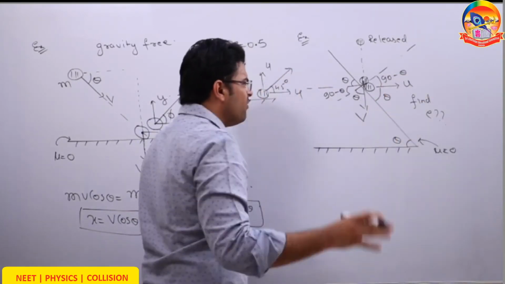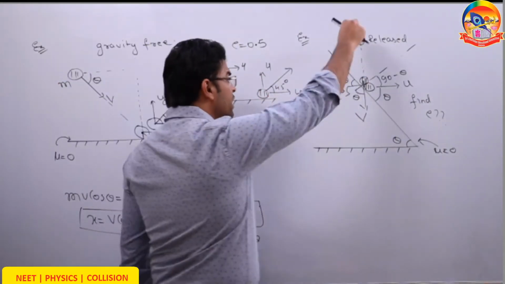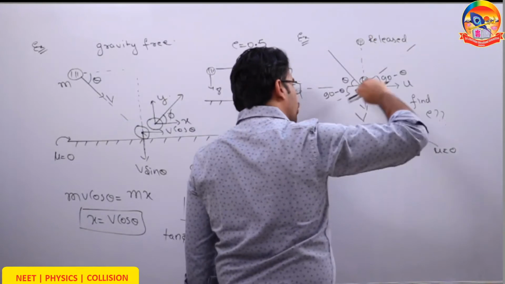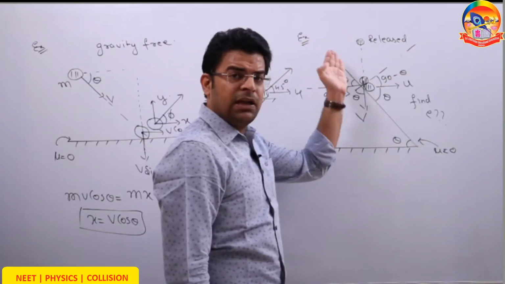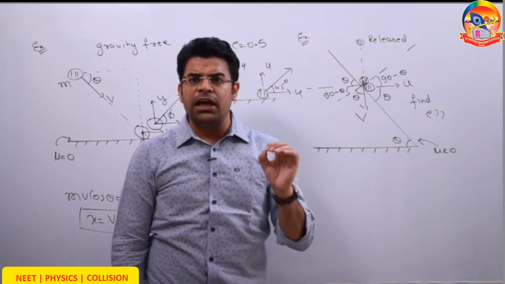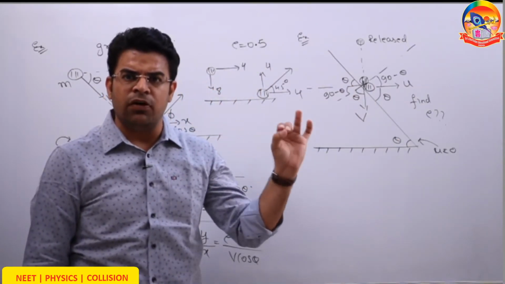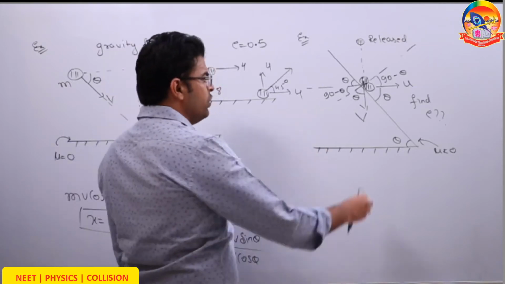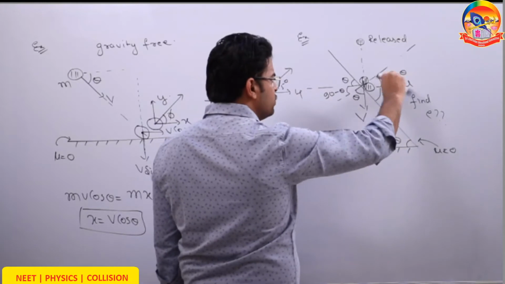Sir, why are you breaking down so much? I'll tell you. During collision, the force acts along the normal. This means that no force acts along the plane of the incline. This means that the velocity along the plane of the incline just after collision has to be the same as the velocity along the plane of the incline just before collision. So you can say v sin theta equals u cos phi.